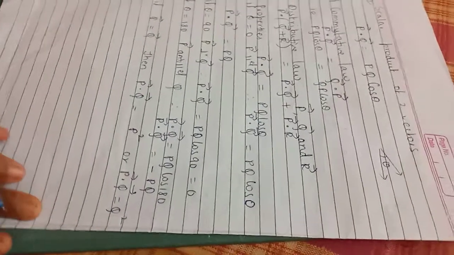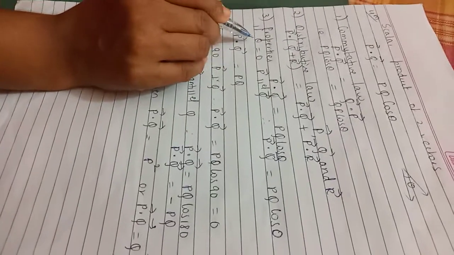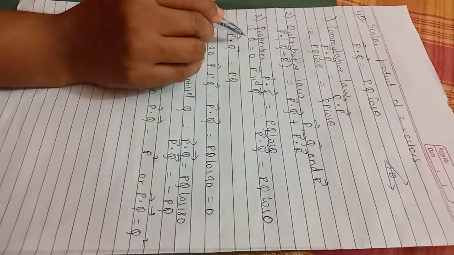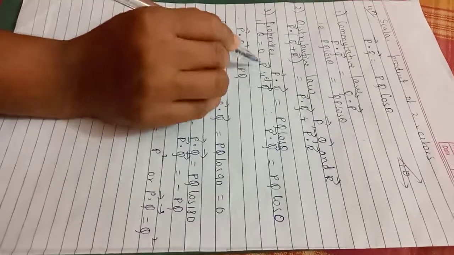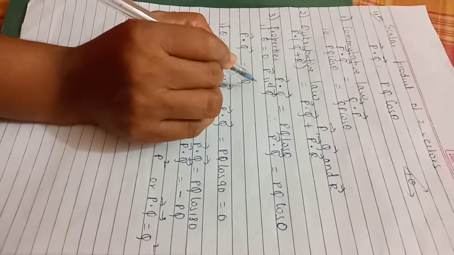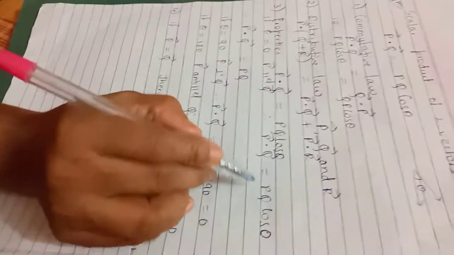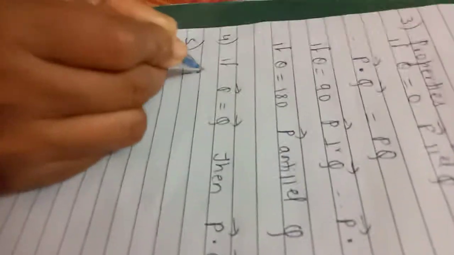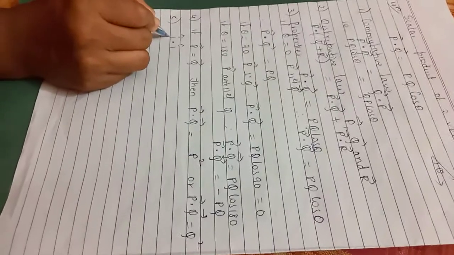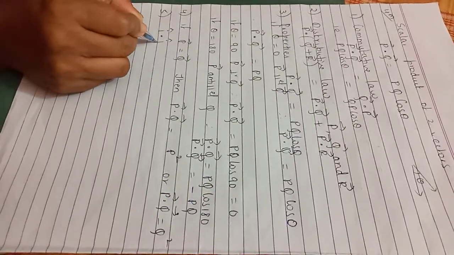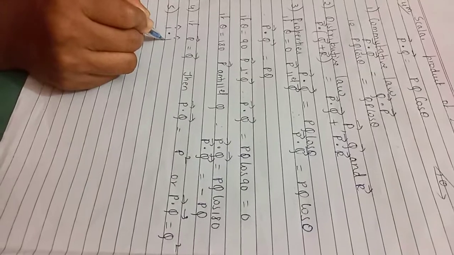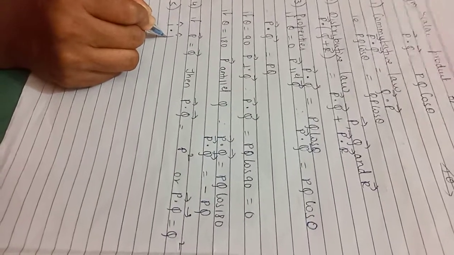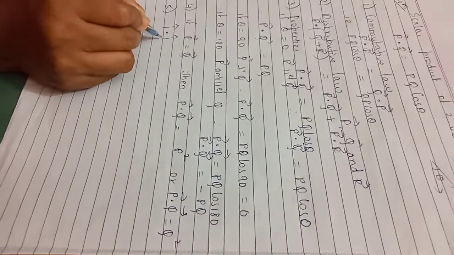Are you okay here? What are you observing here? If theta is 0, that is, if the two vectors are parallel to each other, then what will happen? P dot Q is PQ cos 0. Concentrate here. Therefore, very important point, I dot I is the unit vector along x-axis multiplied by the same vector along x-axis, because x-axis is parallel to x-axis.